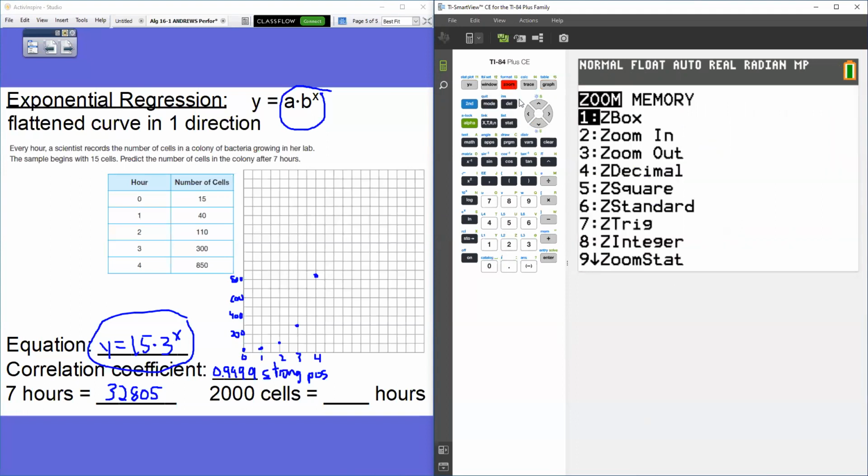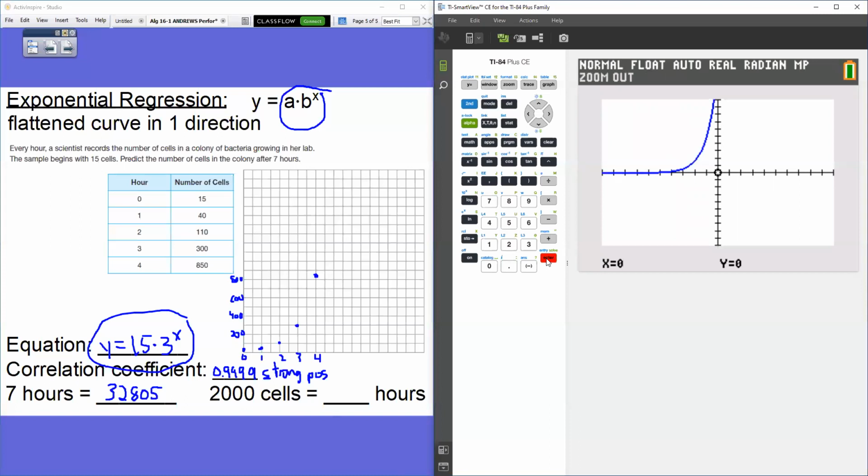Now we can't see it, so we need to zoom out a lot. And it's probably going to freeze. But you would have to then do the intersection point between those two. You'd have to zoom out again. And I'm just going to tell you that it's approximately 4.45. The calculator is just going to take a while to calculate that out.